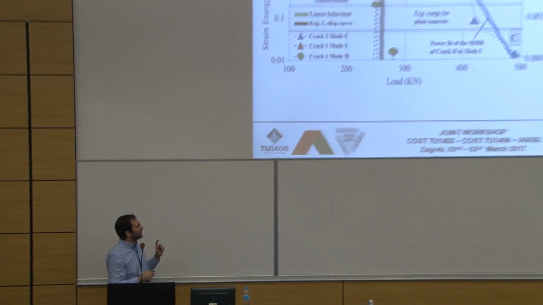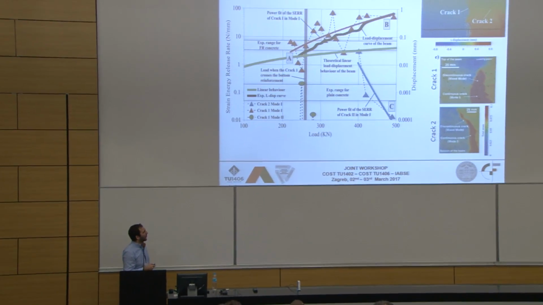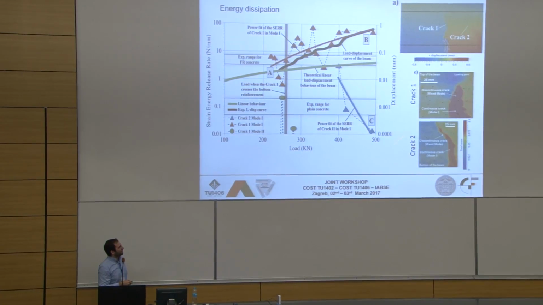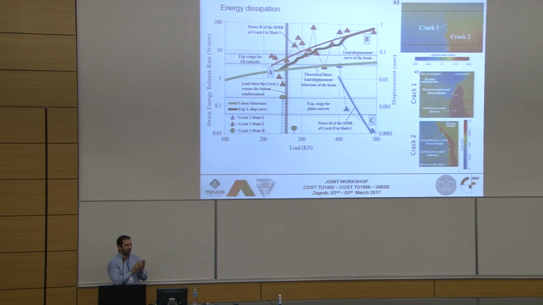So basically with this information and further research, we can focus the repair. Also, another interesting thing is that the crack changes from mode 1 to mixed mode to mode 2. And this is another thing to take into account for the integrity of the structure.